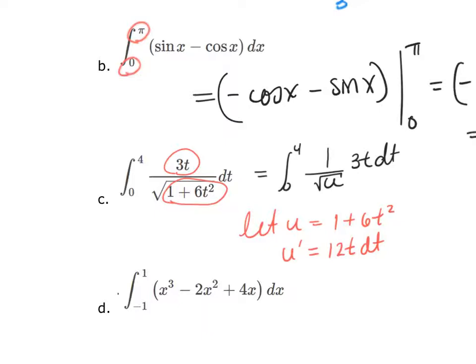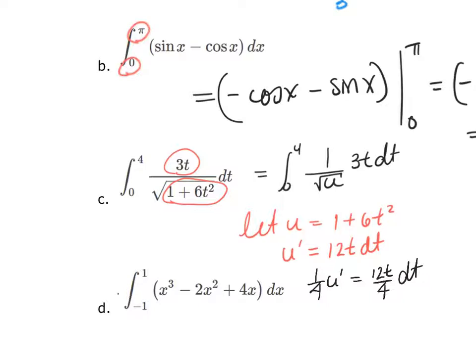1/4. So if I did 1/4 u prime, I have to do 1/4 of both sides, right? Then this is going to be 12t divided by 4 dt. Do you all agree to that?